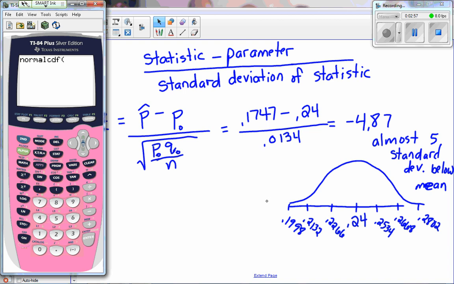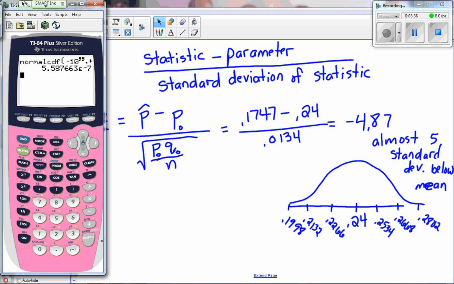So I want negative 10 to the 99 for my left bound. And for my right bound, I'm going to put negative 4.87 because I'm actually using the z-score. Now remember, when I use a z-score, the mean is 0 and the standard deviation is 1. Actually, I shouldn't have referred to this picture anyway. I would be looking for this 0.1747 if I was shading that, not the negative 4.87.